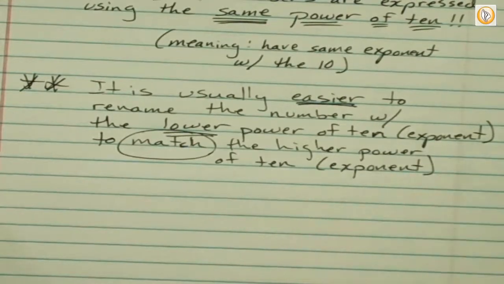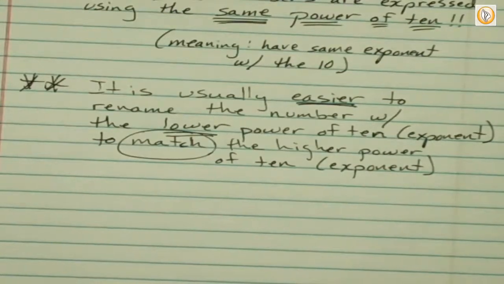If you can't read my handwriting back there, just let me know. So I'll reread this again. It is usually easier to rename the number with the lower power of 10 or the exponent to match the higher power of 10 or exponent. Basically, you're going to look at your two powers of 10, the two tens and the exponents. You're going to find the one that has a lower one, and you're going to adjust the decimal to be able to add, subtract, whatever you need to do to match the other one.